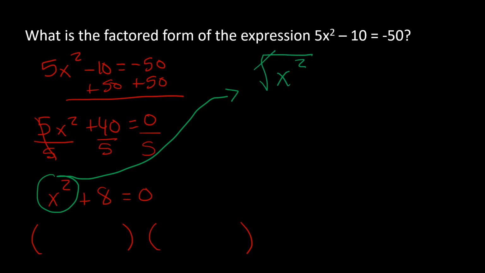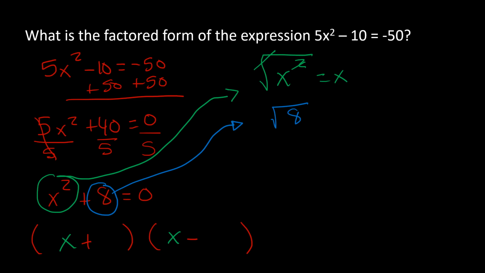The square root and squares simplify out, so we're left with x, so we'll put x and x. When we set these binomials up, one of them is going to be positive, the other will be negative. The next value that we need to take is the square root of 8.